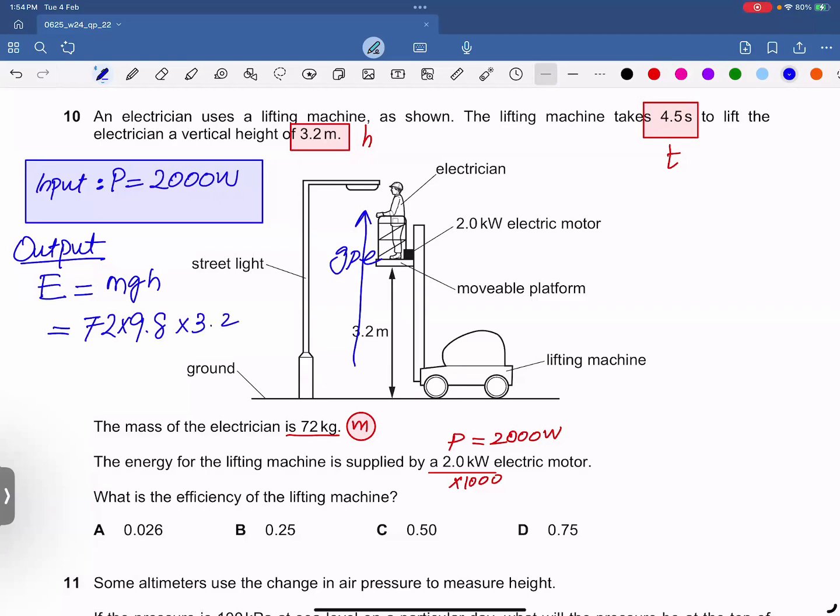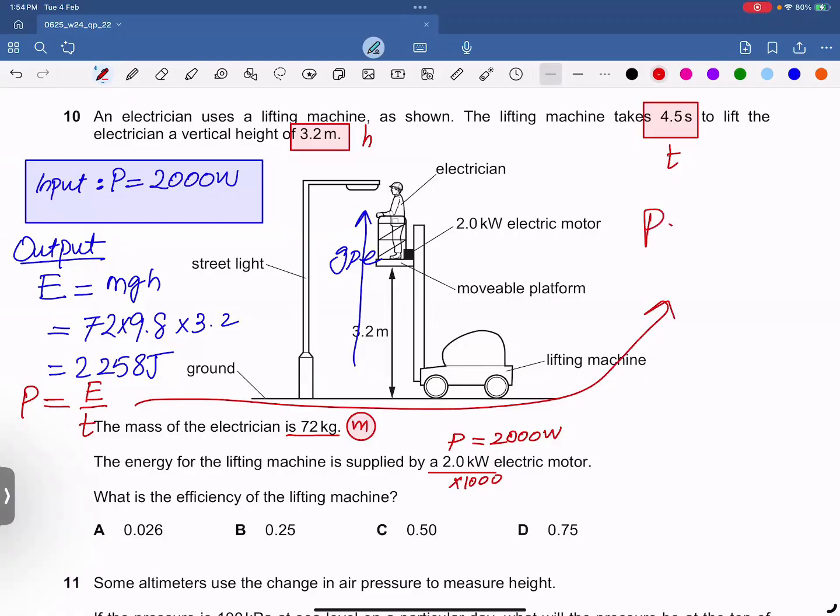So this useful output energy, 72 times 9.8 times 3.2, is 2258 joules. Now using this, power output will be energy divided by time. The useful output energy is 2258 over the time they gave you, 4.5. 2258 divided by 4.5 is 502 watt.